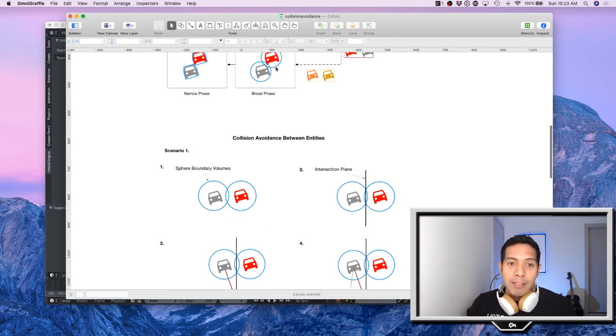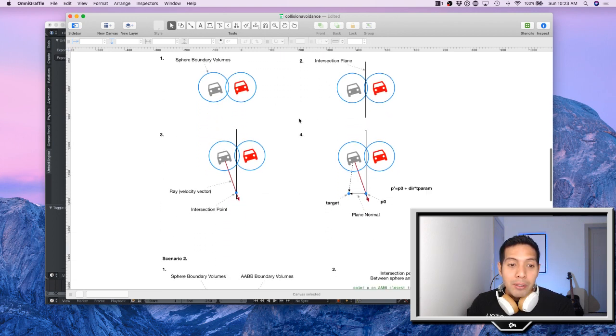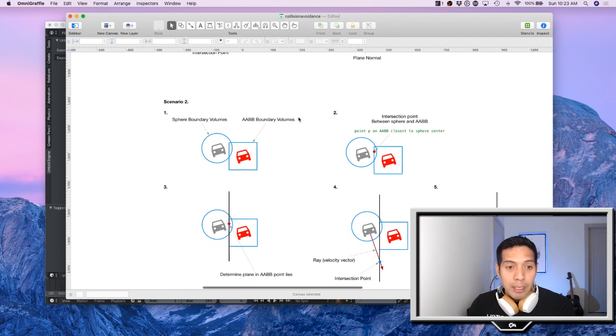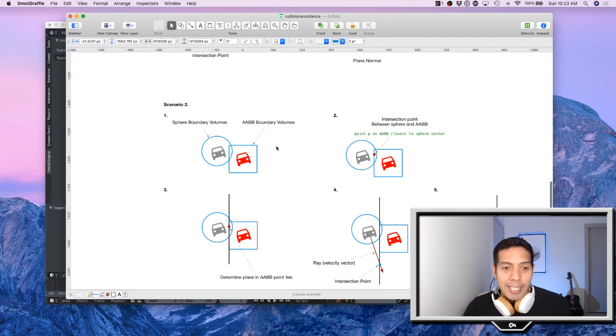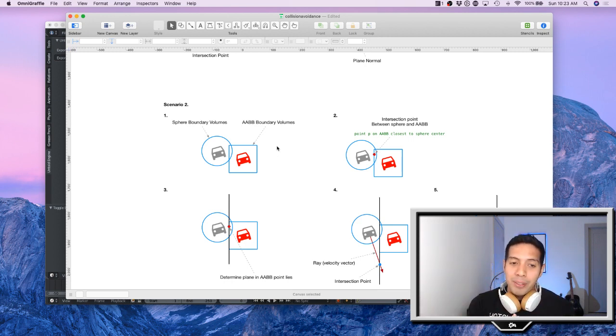What I did was extract this data. So in scenario 2, we have a normal entity with a sphere volume and a second entity with an AABB boundary volume, right? How it works here is a little bit different, but the whole idea is the same.